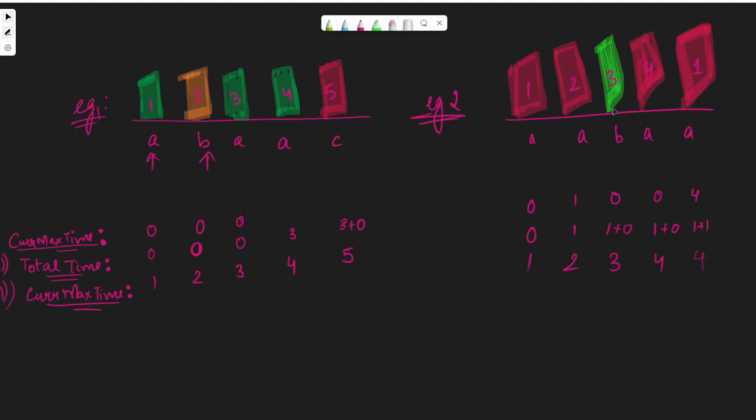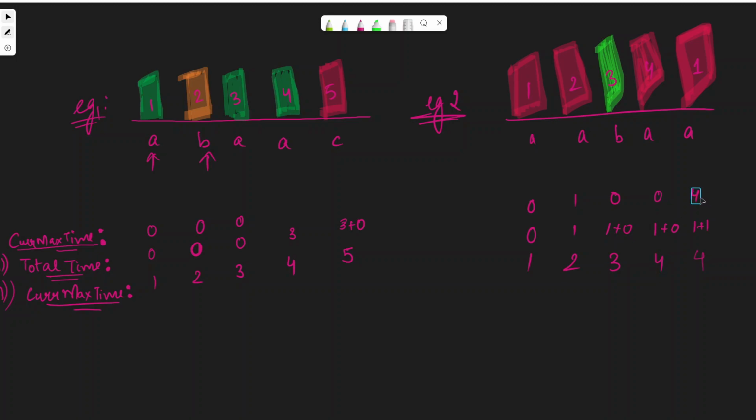Then again both of them are different. So earlier it was 3 current maximum time, but now we have reset it to 0. Then we will be adding 0, and now we have updated our current maximum time to 4. Then when it was 1, right? At this moment our previous one was a duplicate, so we are carry forwarding our current maximum time.